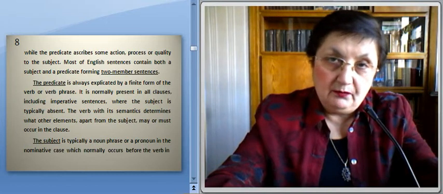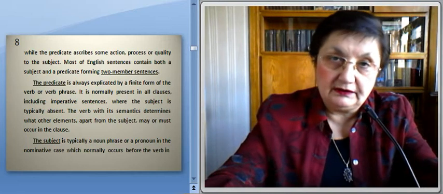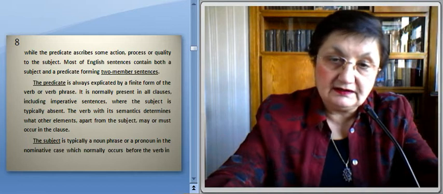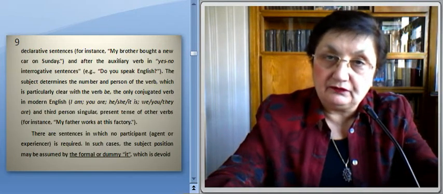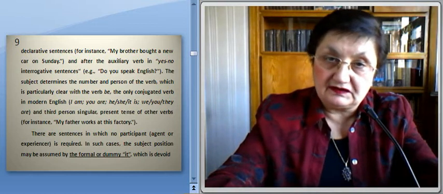The subject is typically a noun phrase or a pronoun in the nominative case, which normally occurs before the verb in declarative sentences. For instance, "My brother bought a new car on Sunday," and after the auxiliary verb in yes-no interrogative sentences.